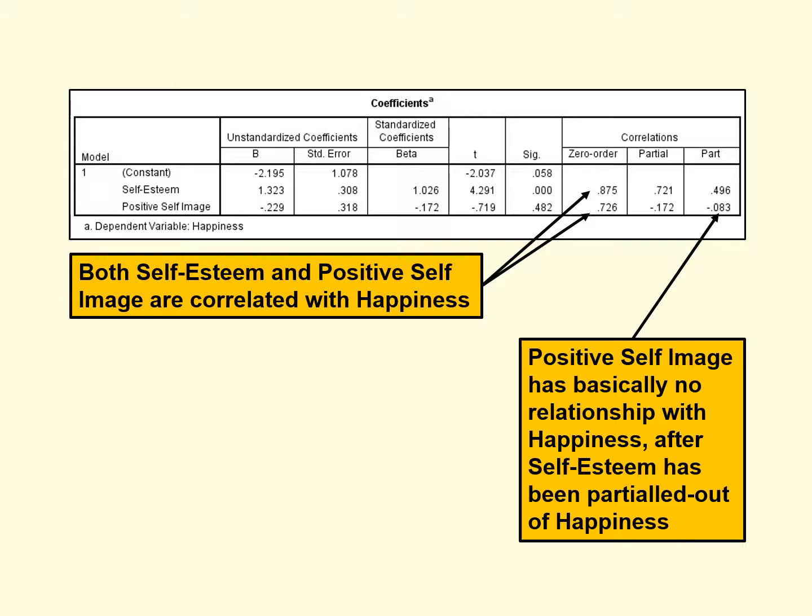So if we take the amount that self-esteem and happiness overlap, and we remove that, then there's very little left over that positive self-image can be related to. The part or semi-partial correlation between positive self-image and happiness, controlling for the effect of self-esteem on happiness, is really, really small. So it's basically a pretty small correlation.